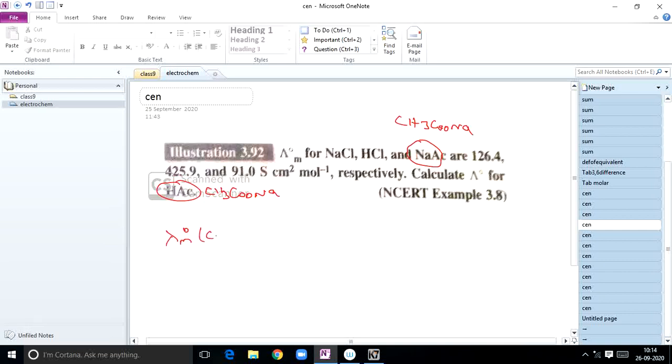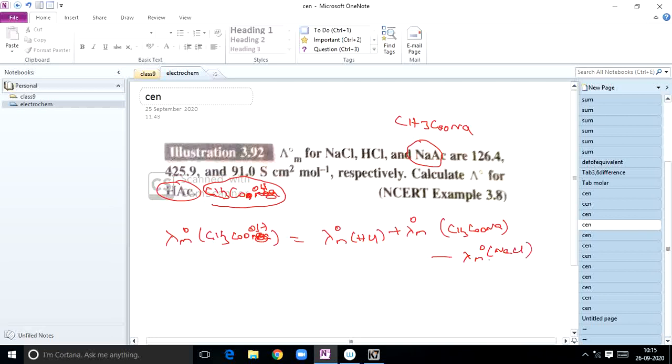Lambda m naught of CH3COOH is equal to lambda m naught of HCl plus lambda m naught of CH3COONa minus lambda m naught of NaCl.